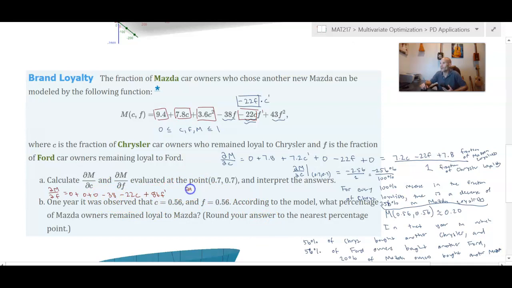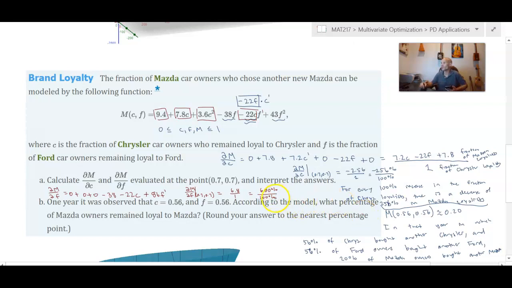And now if we evaluate dm df at the ordered pair 0.7, 0.7, then we would take negative 38 minus 22 times 0.7 plus 86 times 0.7, and we get 6.8. 6.8 over 1, or since we're dealing with fractions here, it makes sense to describe this as a percentage change.